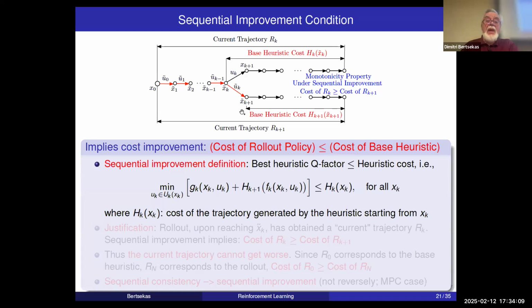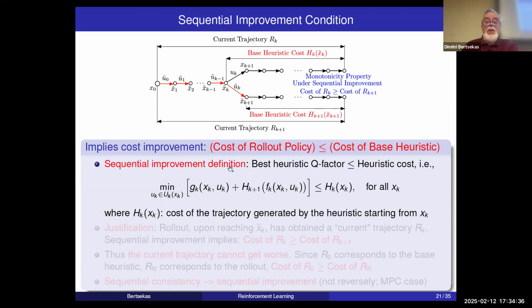On the other hand, when it executes the rollout search, it may find another control that's different from the one suggested by the base heuristic. And then from there, it will follow the base heuristic. So there's another trajectory here that involves this first step and the base heuristic trajectory from xk plus 1.